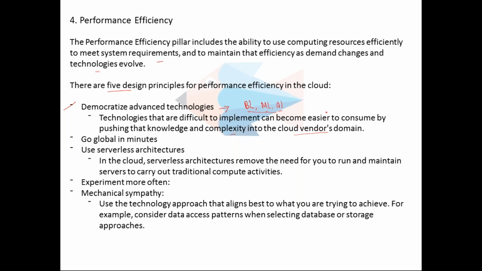You need not worry about the infrastructure. Once you hire people, you have to give knowledge to them, and you very well know that people will change. I mean, companies, yeah. So to avoid all this, you can use AWS for advanced technologies if you are not aware of them much. And go global in minutes.